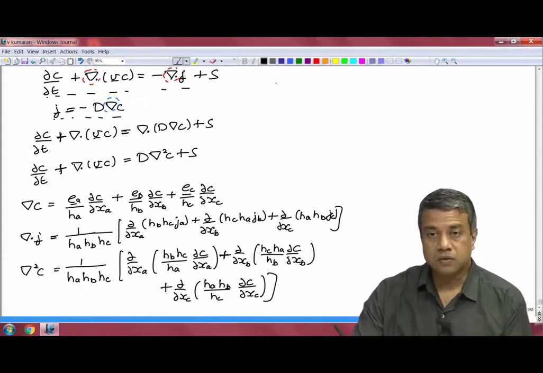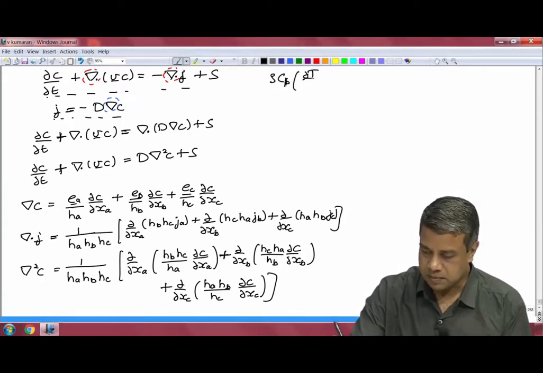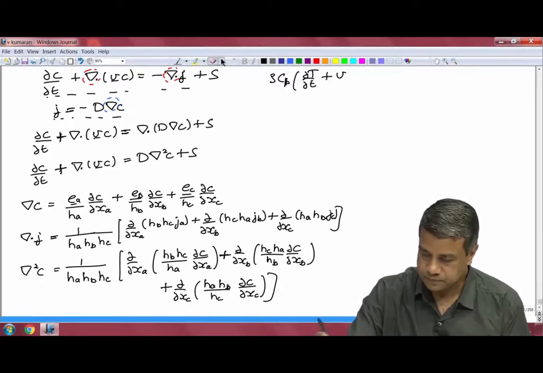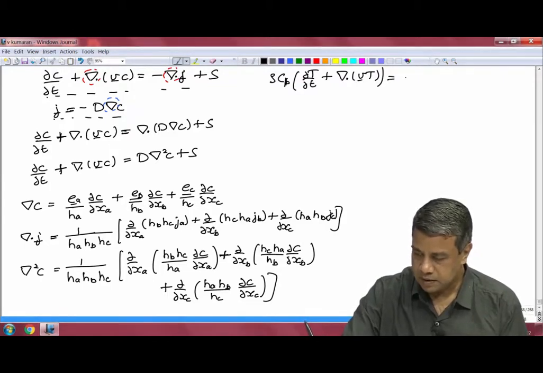The extension to heat transfer is quite easy: rho C p times partial T by partial t plus divergence of V T is equal to the divergence of K grad T plus the energy source.